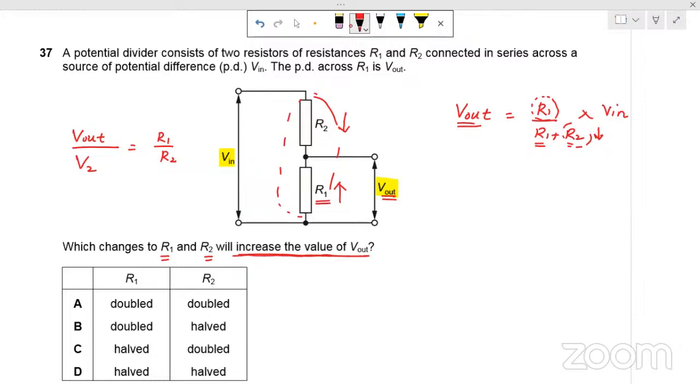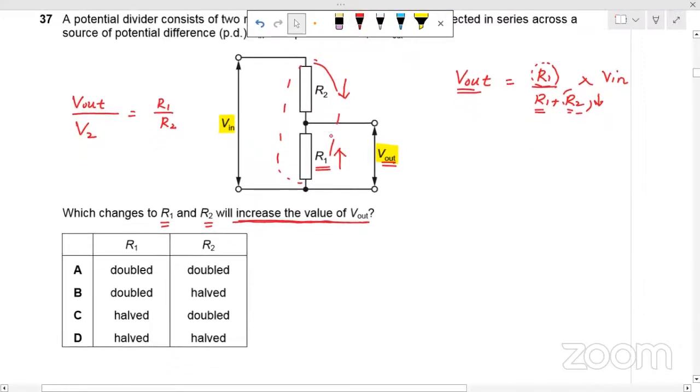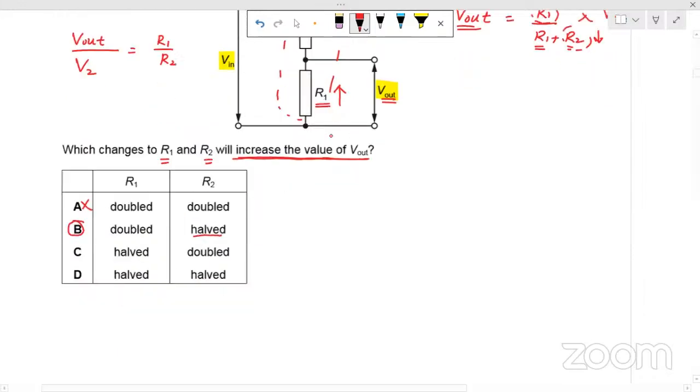So by increasing R1, Vout will increase, and by decreasing R2, Vout will also increase. So let's see option A, R1 is doubled, R2 is doubled. If both are doubled, there will be no change in the output voltage. If R1 is doubled and R2 is reduced to half, then this voltage will increase. Okay, so B is the correct option.